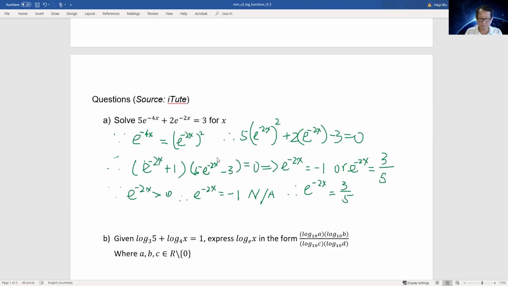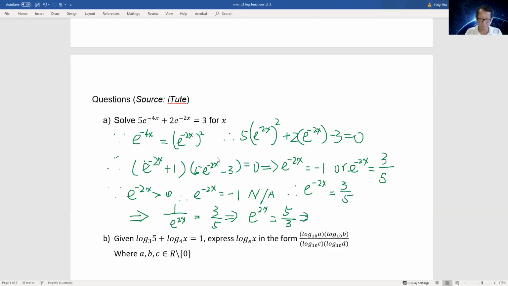So now we're going to solve for x. Before I do that, I'll change the index from negative to positive. Then I'll flip both sides upside down. So it becomes e to the power 2x is 5 over 3.